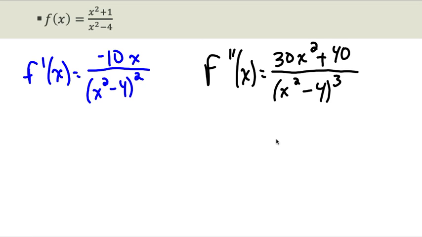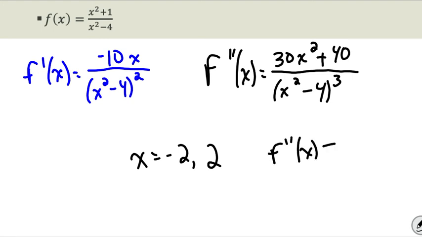So we know that there is no spot where the numerator is 0. But we do have two points where the second derivative does not exist, two c values, or x values in this case, at negative 2 and 2. Okay, this is where our second derivative does not exist.